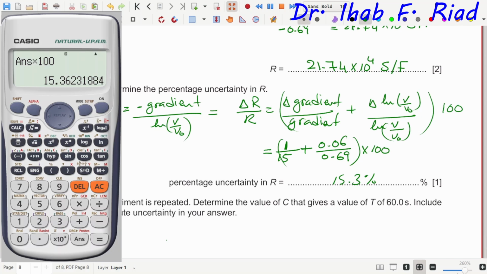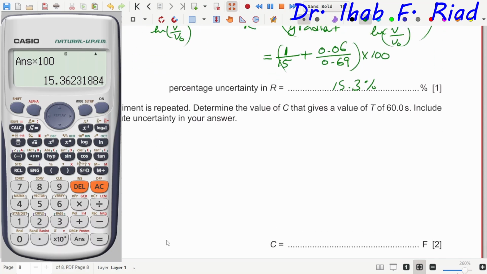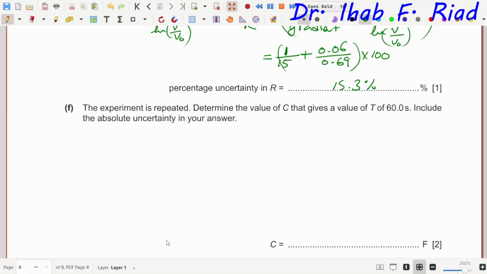Okay, 15.3%. Now he's telling us the experiment is repeated. Determine the value of C that gives a value of T equal to 60 seconds. Include the absolute uncertainty in your answer.